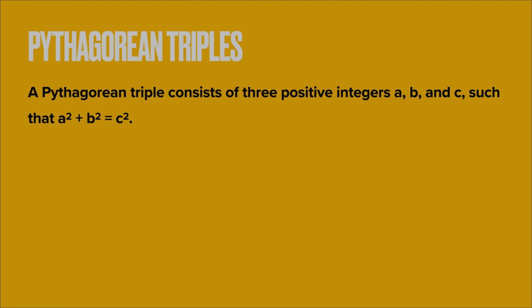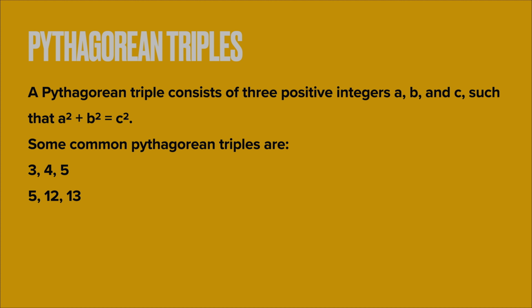Quick reminder, integers cannot have decimals. Now, some common Pythagorean triples are 3, 4, 5, which we just saw, 5, 12, 13, which we also just saw, but also 8, 15, 17, and 7, 24, 25.